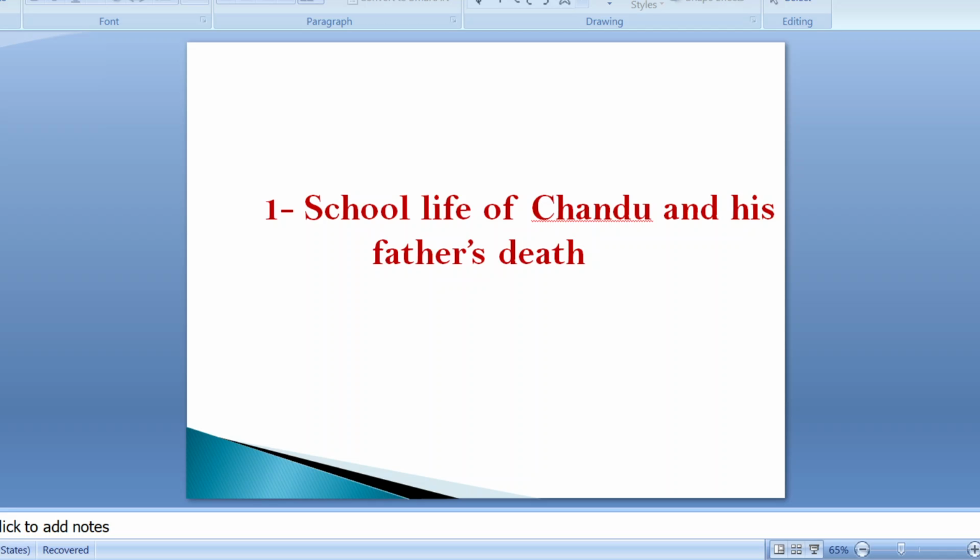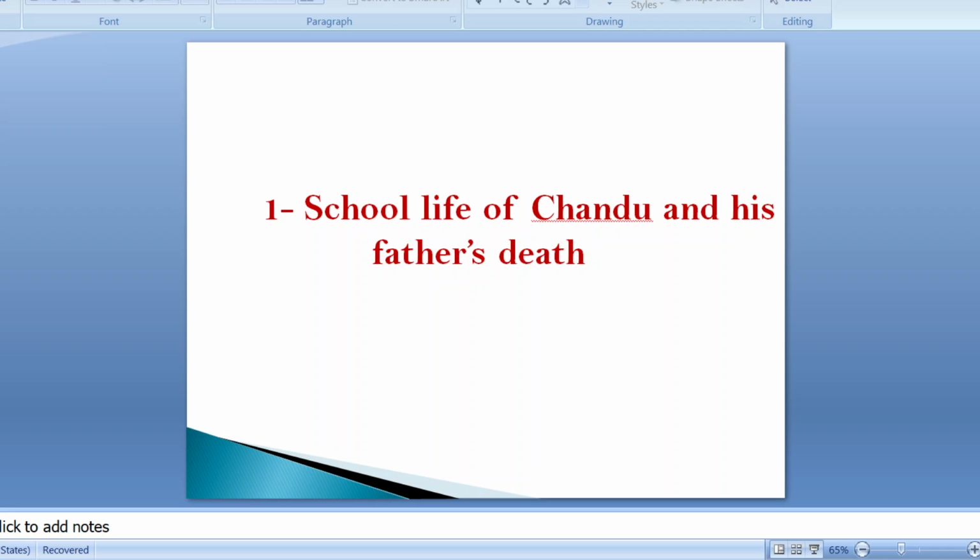Chandu took a step to teach a lesson to upper class people when they insulted him, like the zamindars and sahukars of his own village, and how he taught a lesson and created history. Let's look at the whole story as social realism according to the following points. The first point is the school life of Chandu and his father's death. So let's begin today's story.